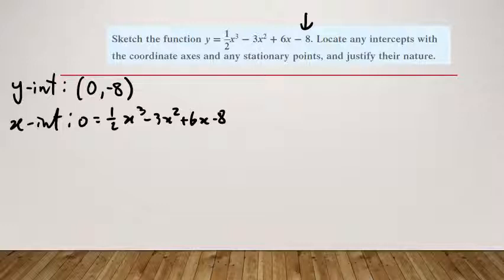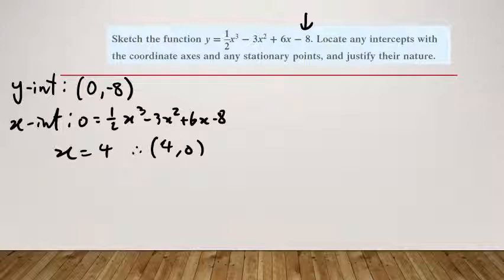Okay, maybe we'll just put it in the calculator. Alright, apparently x equals 4 is the only one, so I'm just going to trust you guys. X equals 4, therefore we have (4, 0).